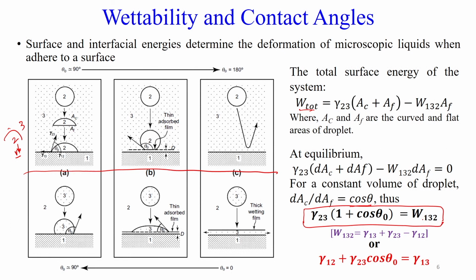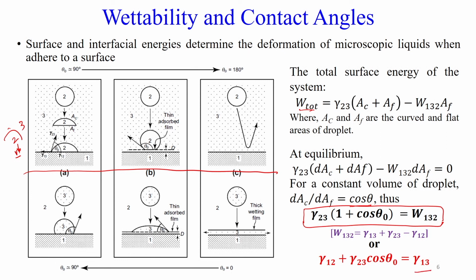Now, if you remember the last class, we can calculate the work of adhesion between the 1, 2 and 3 as gamma 1 3 plus gamma 2 3 minus gamma 1 2. If you put this value over here, if we replace W132 with this, we will end up with gamma 1 2 plus gamma 2 3 cos theta is equal to gamma 1 3.